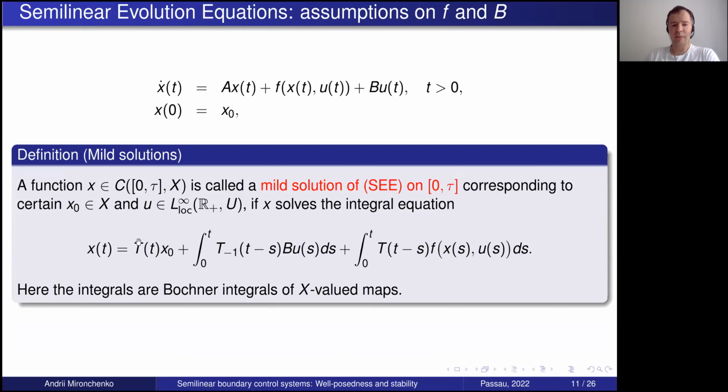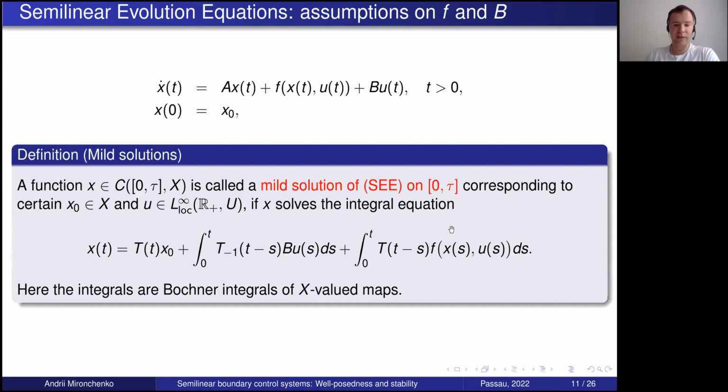Let us look one more time. So what do we have here? This is the influence of the initial condition. Since T is strongly continuous, this is a continuous map. This is continuous because we have assumed that. And finally, this is integrable.